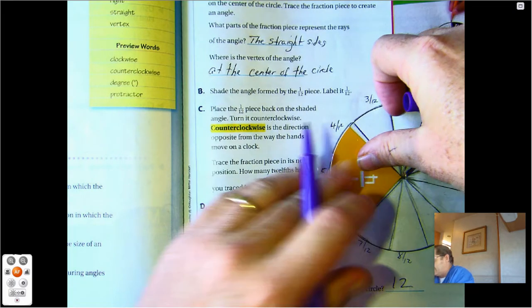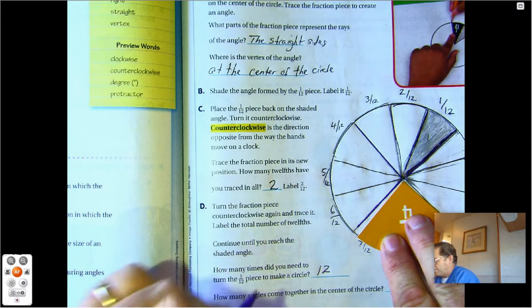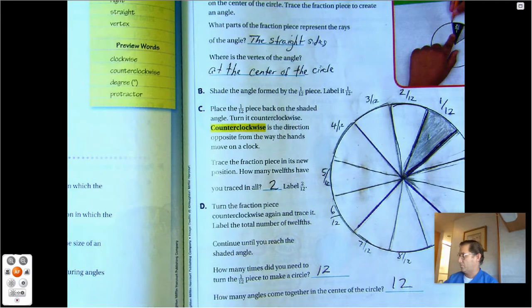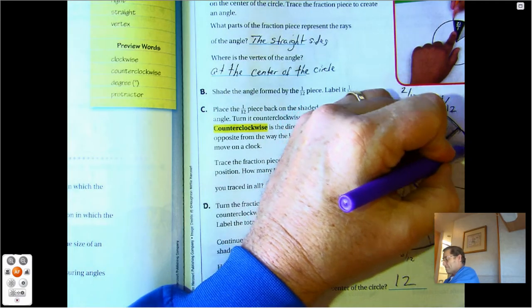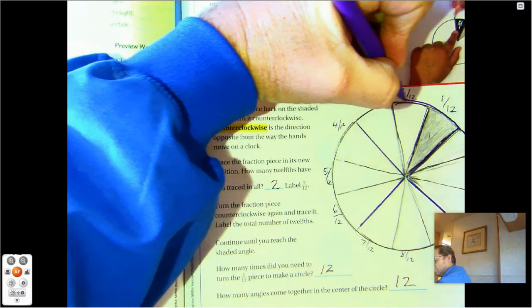And so if we turn the 1/4 around, we notice that it would be 4 turns.